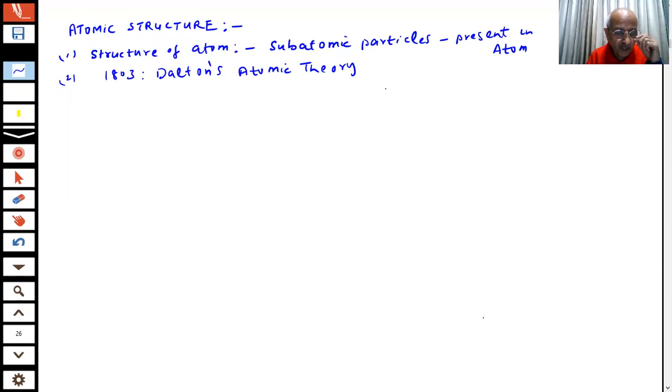There were experiments being done. See, it is important. Can I see the atom? No, it's very, very small. Can I see the subatomic particles? No, they are present inside the atom, and they are also very small in size and mass. Then how do we get information that these particles are present inside the atom? Science is based on observations and on doing experiments.